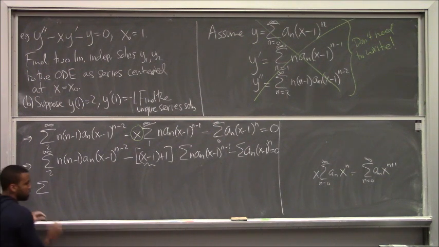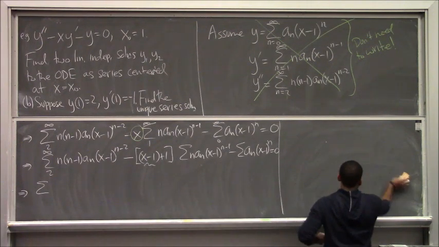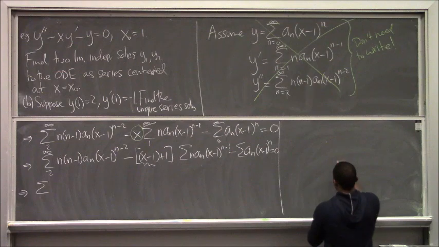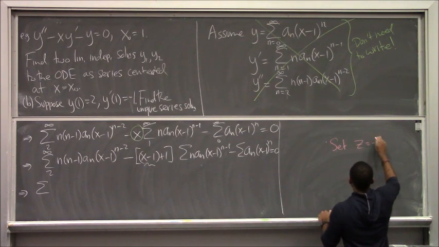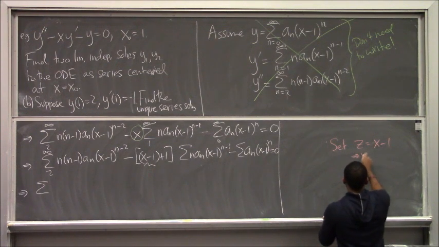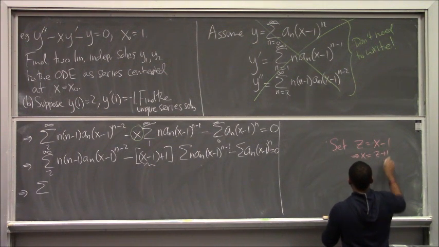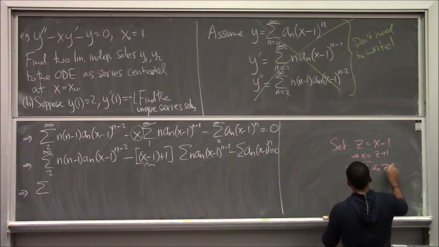Sometimes what you could have done from the very beginning is you could set, say, z equals x minus 1. So this would mean that your x is equal to z plus 1. And then you assume y is equal to the series of a_n z to the n.